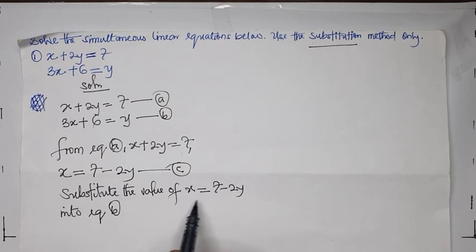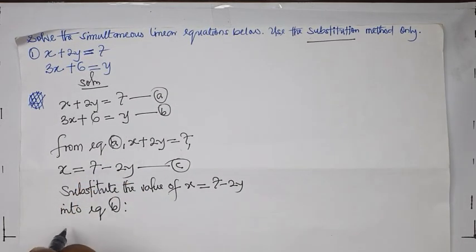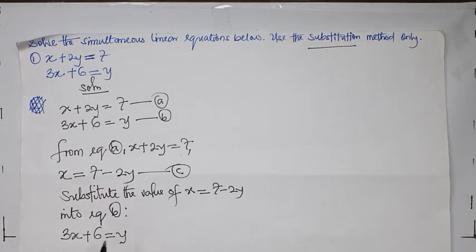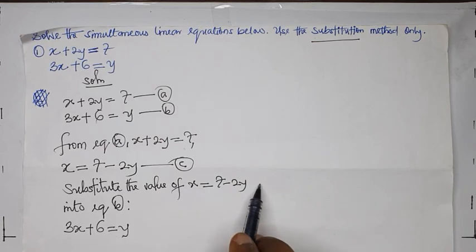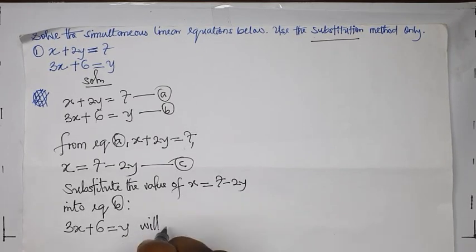So if I put it into B, first I already know that equation B is 3x plus 6 is equal to y. See it here. It was given to us. But since I want to substitute the value of x, which is 7 minus 2y, into equation B, it will now change. It will no longer be what it was.